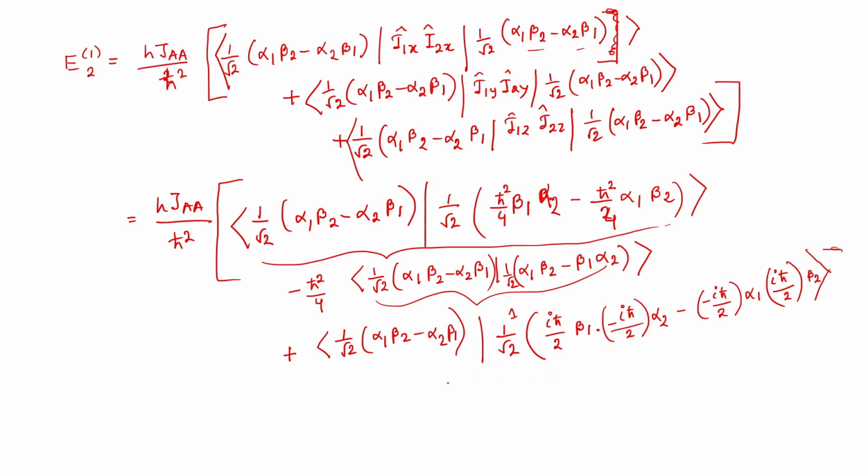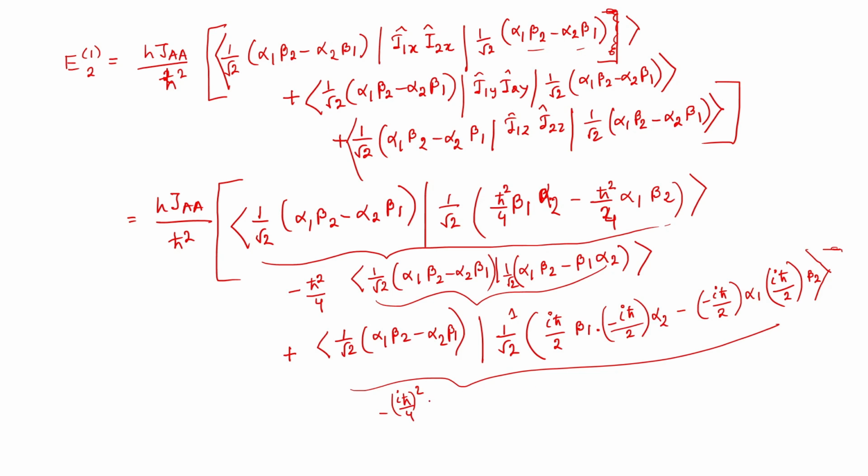Okay, so see from here what we are going to get. So we'll take common iħ square by 4, and minus is also there.